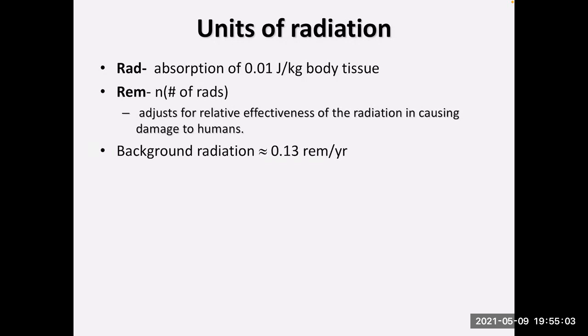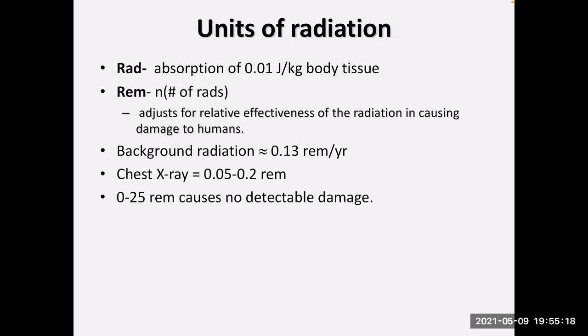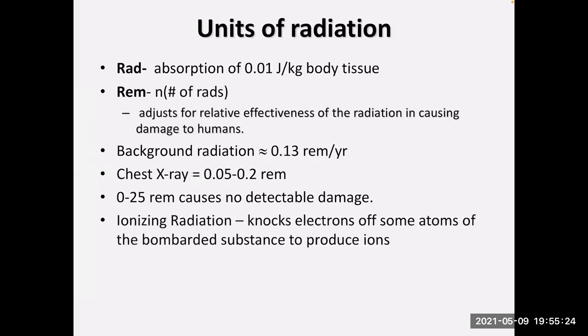Our background radiation from the sun and environmental things is around 0.13 rems per year. A chest x-ray is anywhere from 0.05 to 0.2. As long as you're under 25 rems, there's not usually going to be any detectable damage. It's when you start getting above that that you might have some sort of long-term tissue damage.